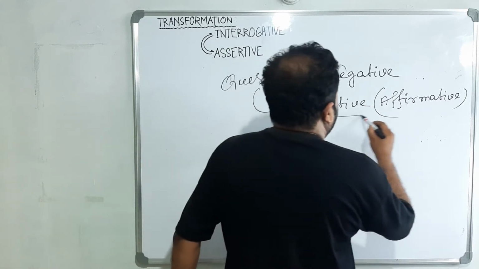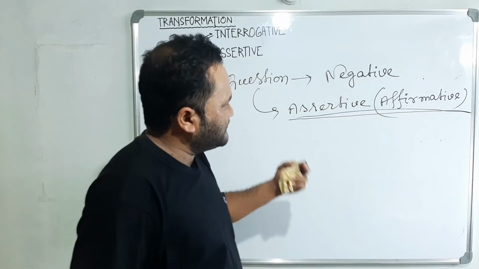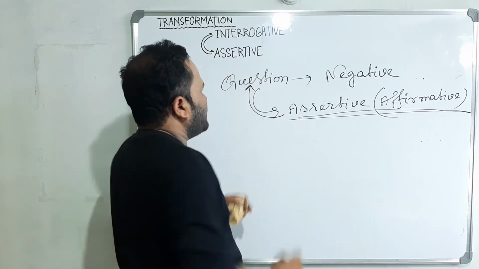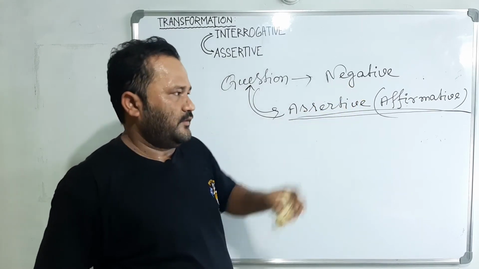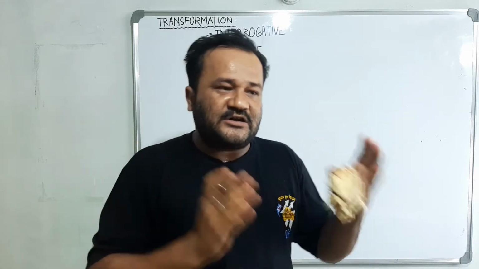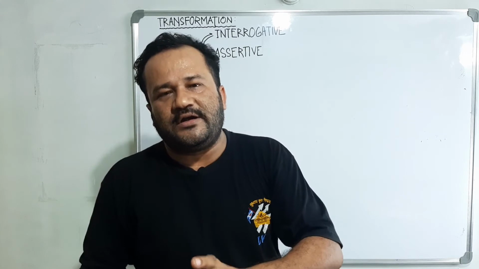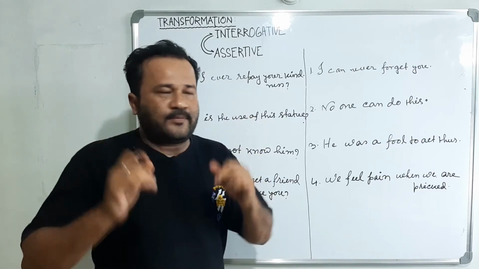If the assertive sentence is in the affirmative, you have to transform it into a question in the negative. Clear? Okay. So let's transform some interrogative sentences into assertive and some assertive sentences into interrogative. Okay, friends.